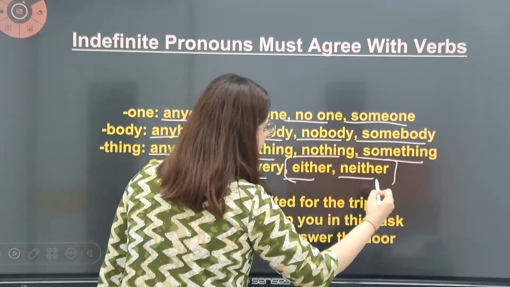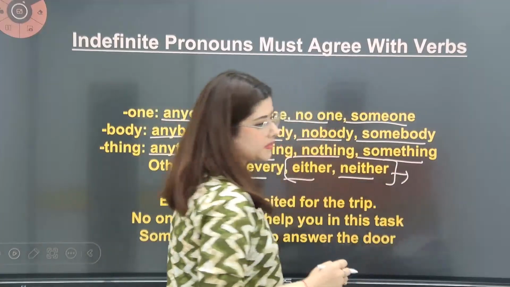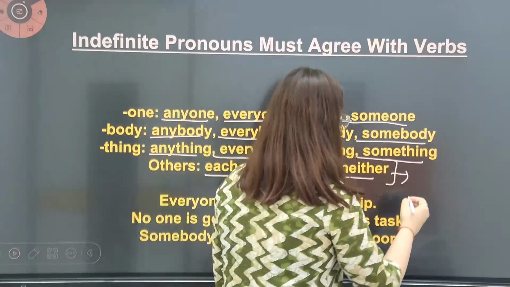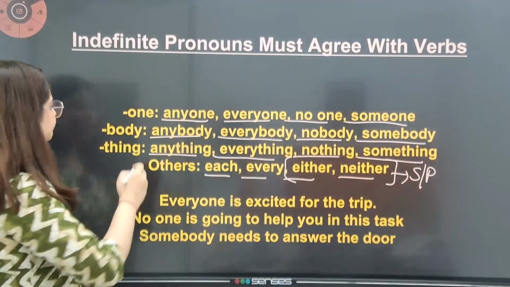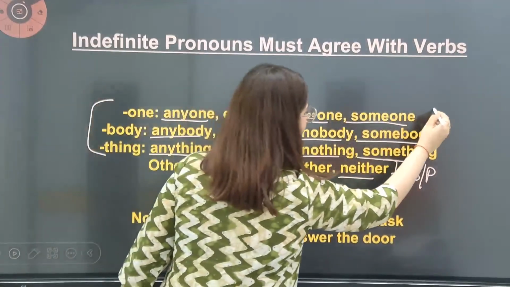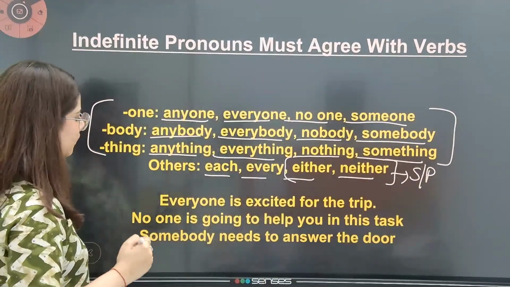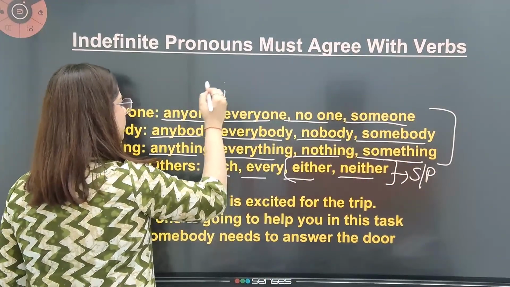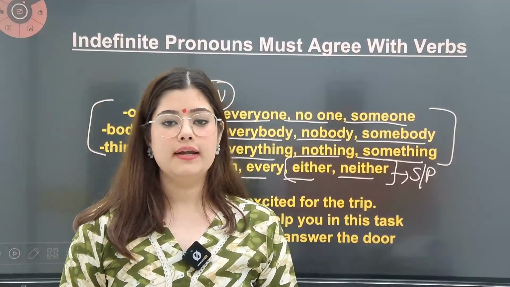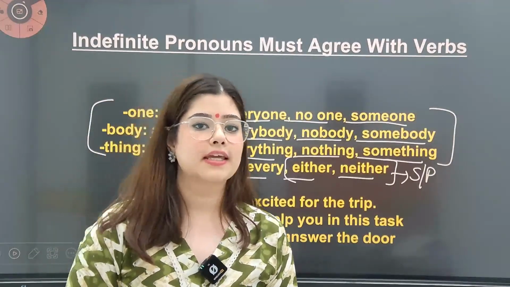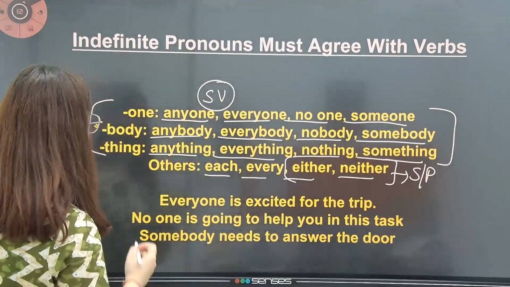Of course, this is only applicable if the subject in consideration is singular or plural, depending on that. But otherwise, these indefinite pronouns would take a singular verb form. Right? They will take up a singular verb form.